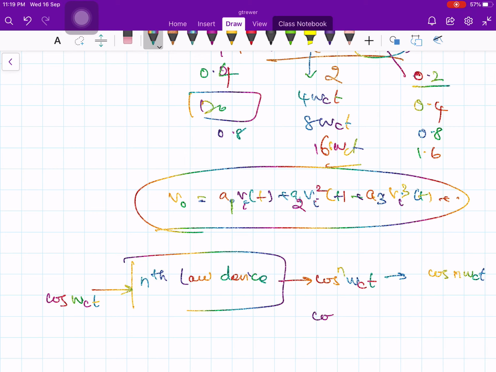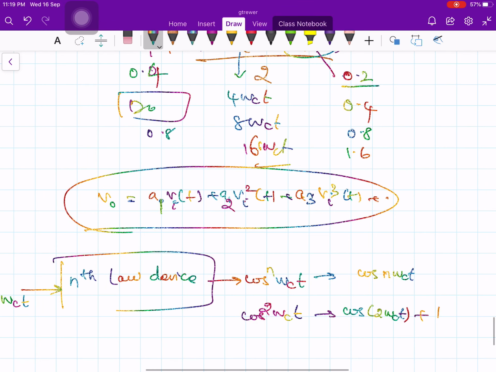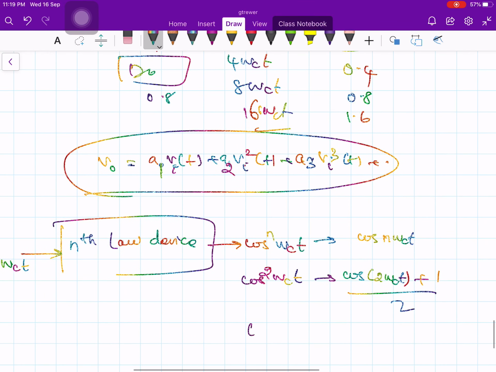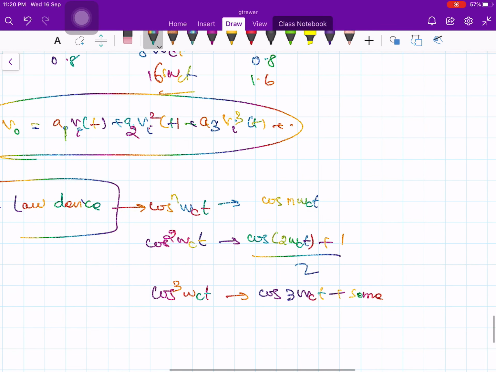Like as I said, cos square omega ct becomes cos 2 omega ct, leaving the remaining terms like 1 divided by 2. Similarly, cos cube of omega ct becomes cos of 3 omega ct plus some other terms. I am not writing all those terms, but you can use your trigonometric identity and write the remaining terms.